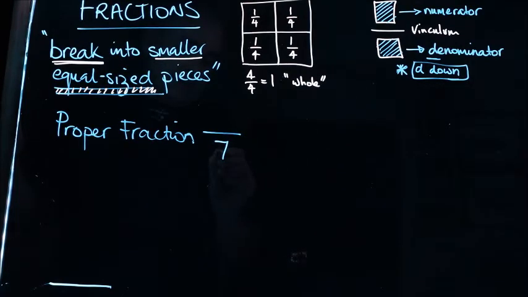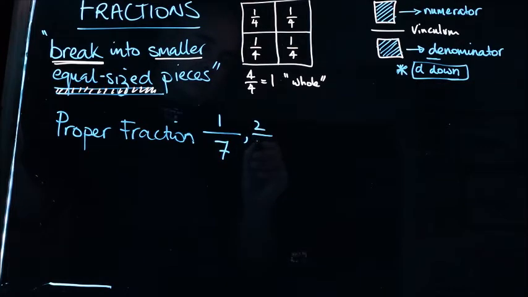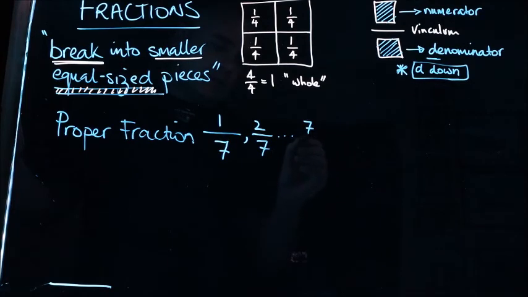Let's do 7. Let's cut something up into 7 smaller equal size pieces. Okay, so we could have 1 piece, 2 pieces of the 7, so on, so on, so on, up until 7 over 7, where we've got the whole thing back again.